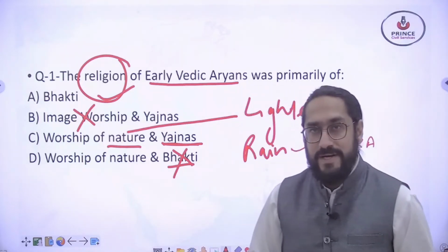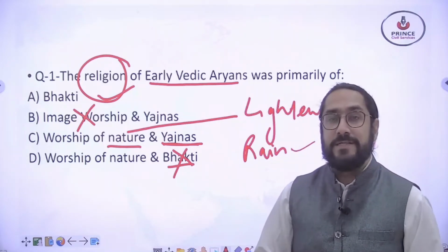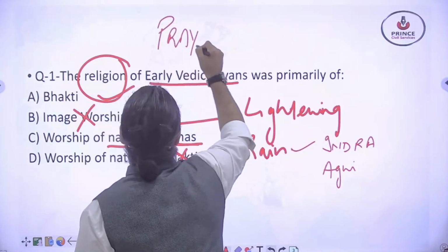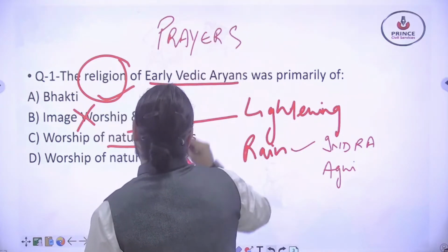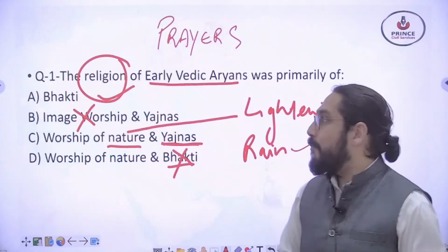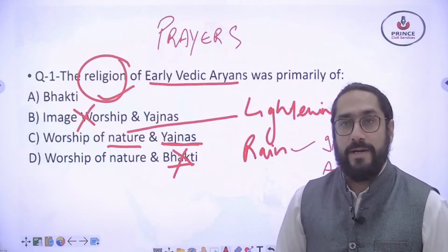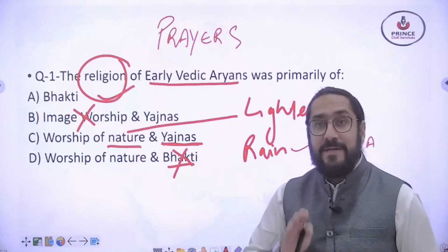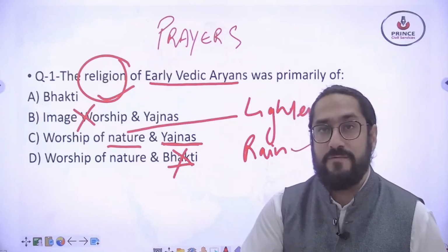What was the mode of worship? How did they worship? That was prayers and the performance of yagna. There was no idol worship, there was no bhakti, and so on. So this was in the early Vedic period. But let me give you some additional information.